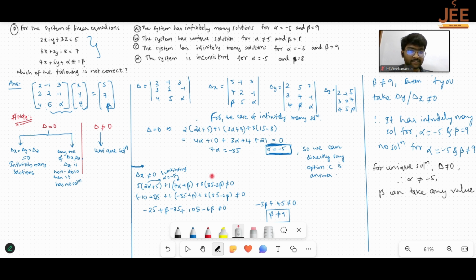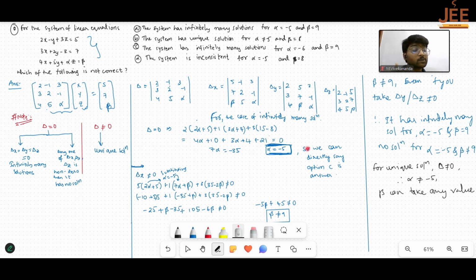Now if we check delta x not equal to 0, we get beta not equal to 9. This means if alpha equals minus 5 and beta is not equal to 9, the system of equations will have no solution. If alpha equals minus 5 and beta equals 9, then the system will have infinitely many solutions.